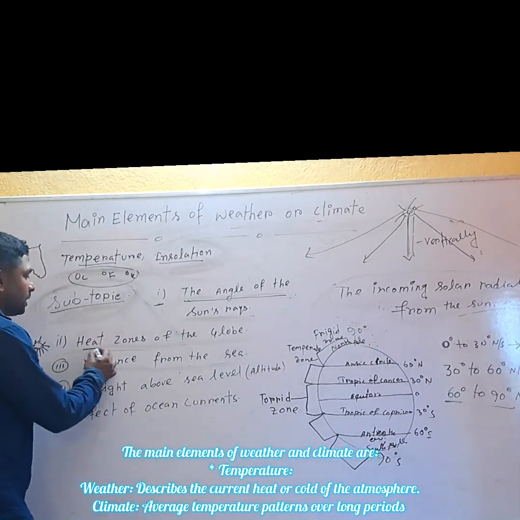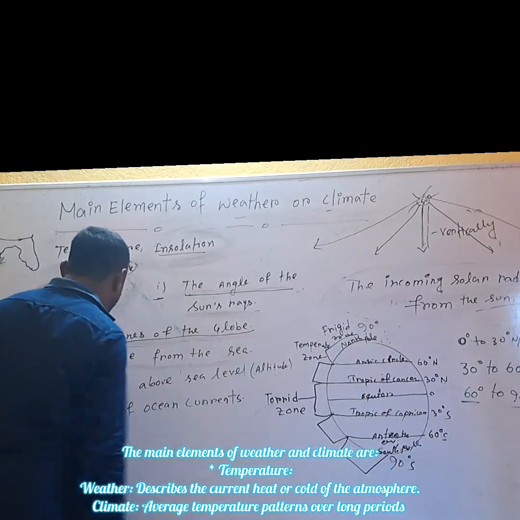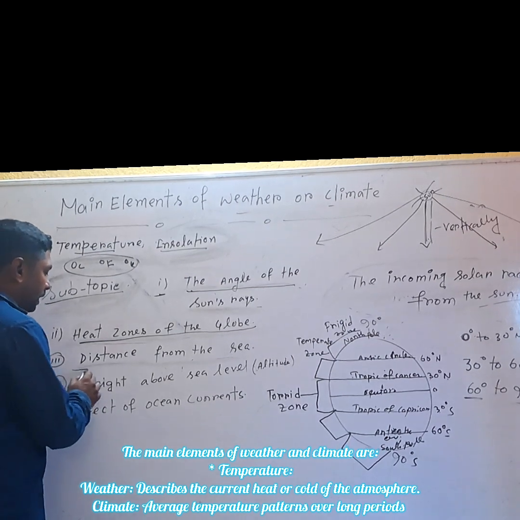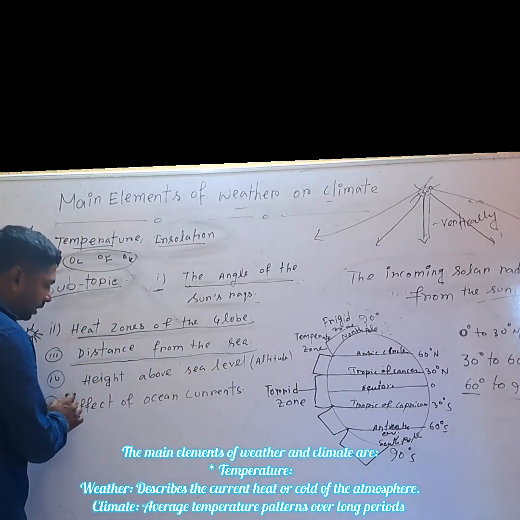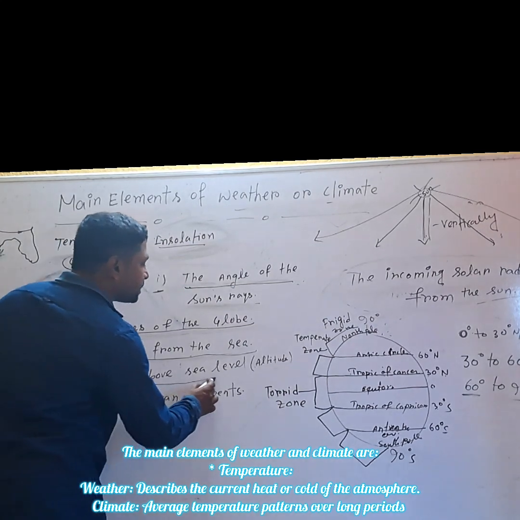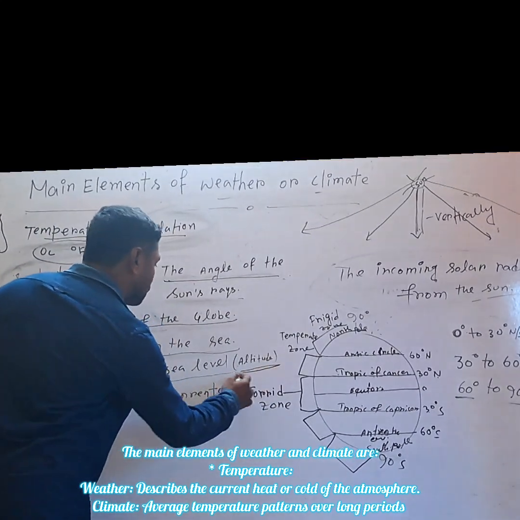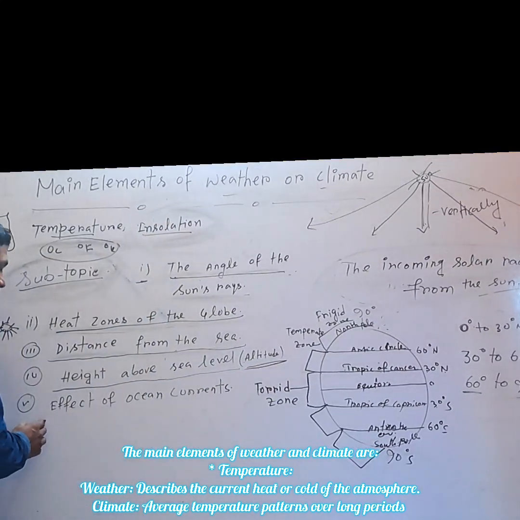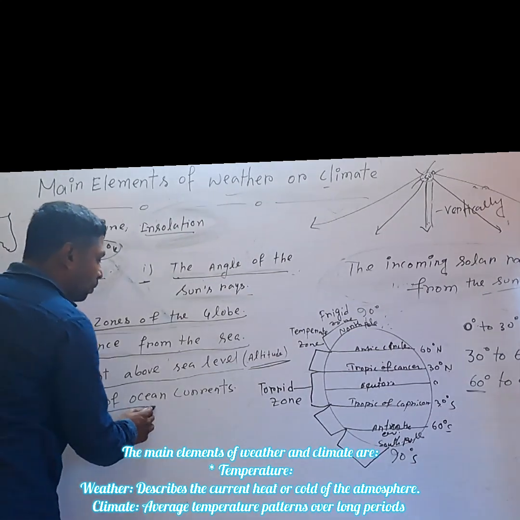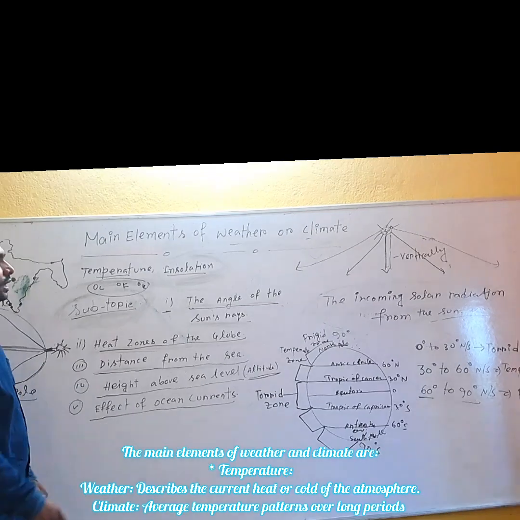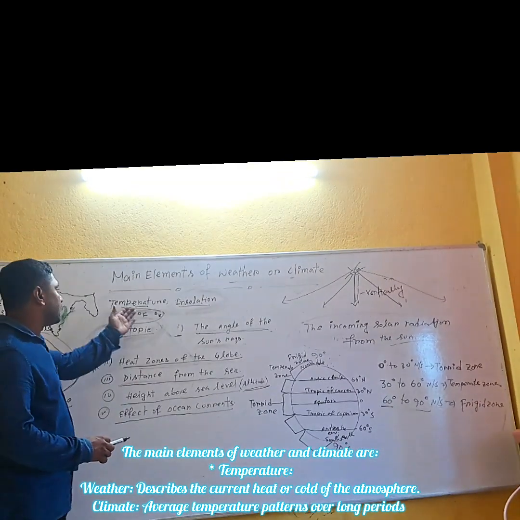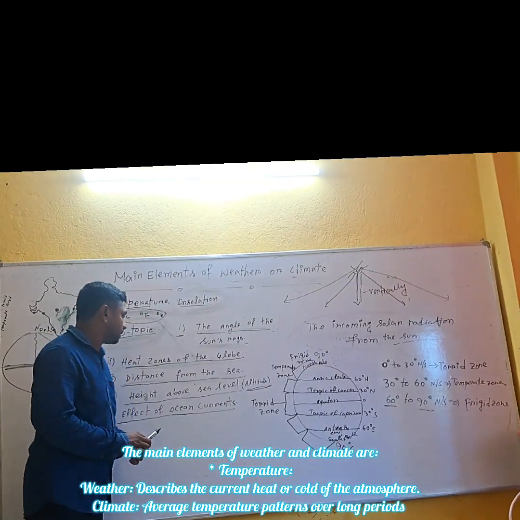Second, the heat zone of the globe. Third, the distance from the sea. Fourth, the height above sea level, also known as altitude. And next, the effect of ocean currents. So these five factors influence the temperature or insolation.